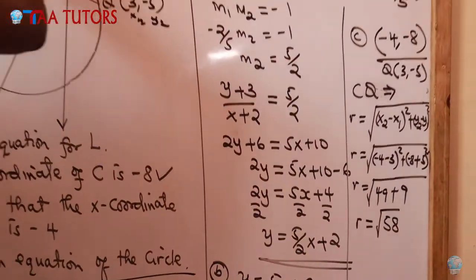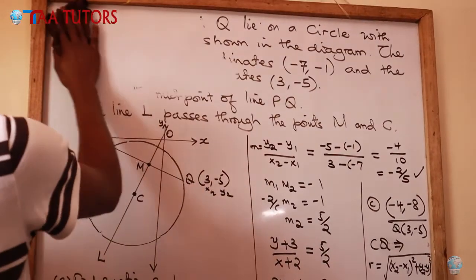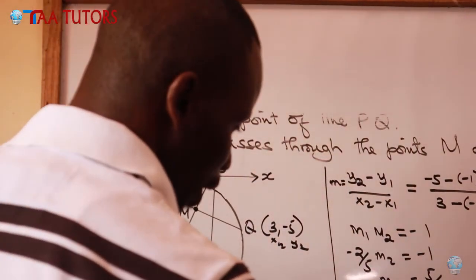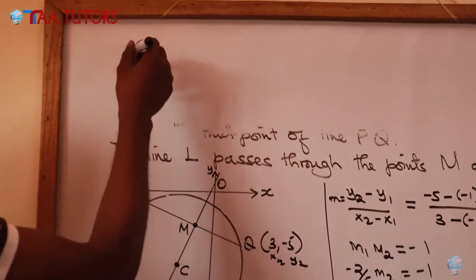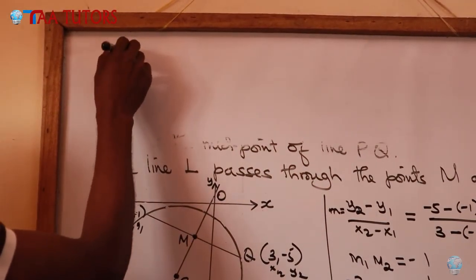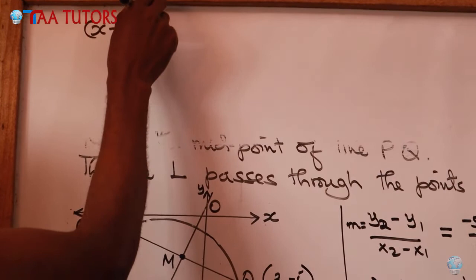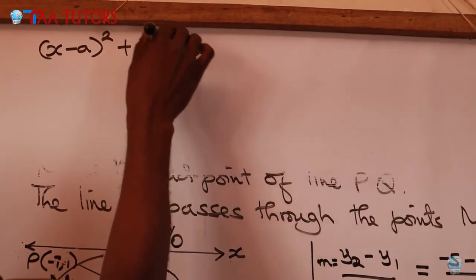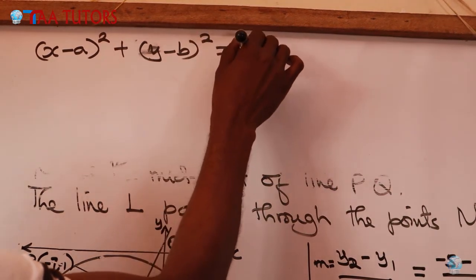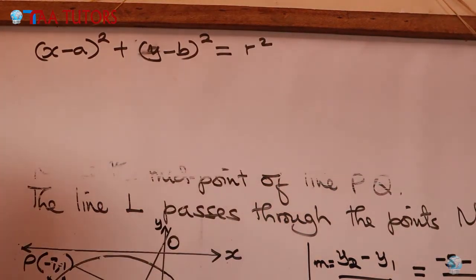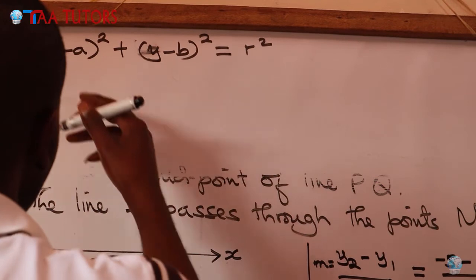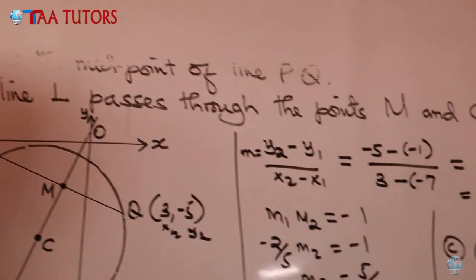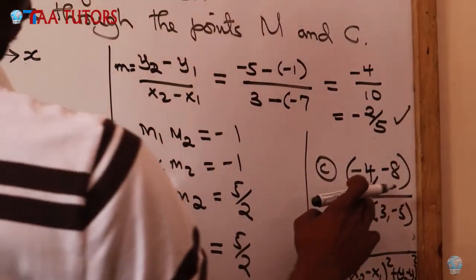Now if we have the radius and we have the center, then finding the equation will be very, very simple. How do we find the equation? We know that the equation should be x minus a squared plus y minus b squared equals radius squared. So x minus a, where a is the coordinate of the center, which is -4.